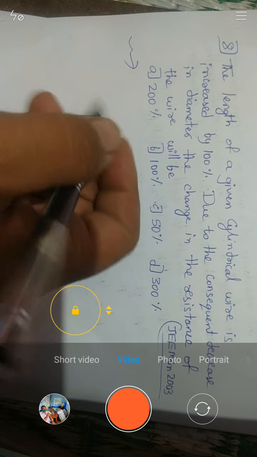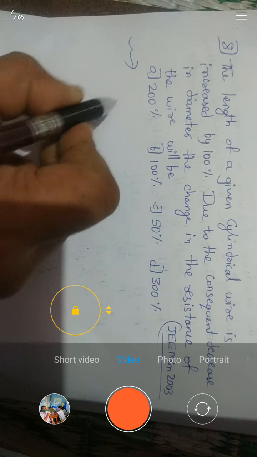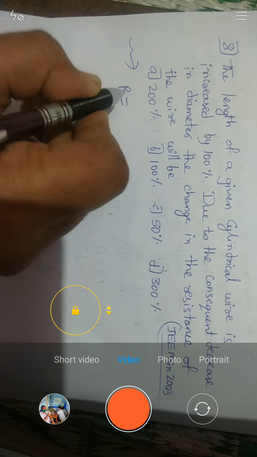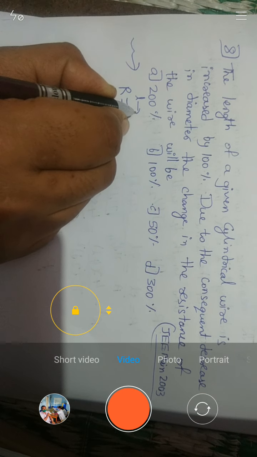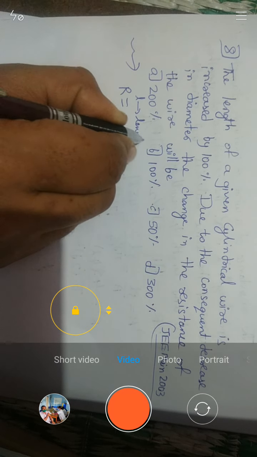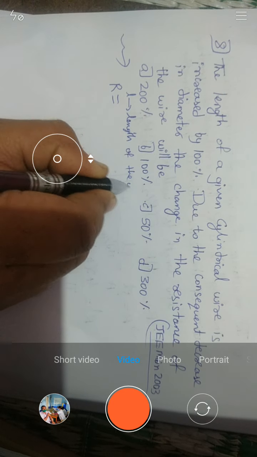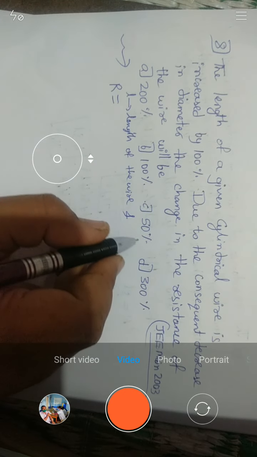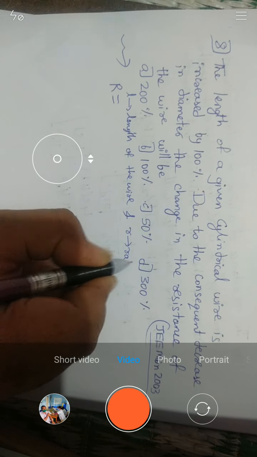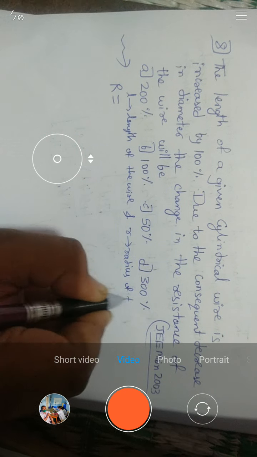Then see here. Suppose the length of the wire is L, and small r is the radius of the wire.